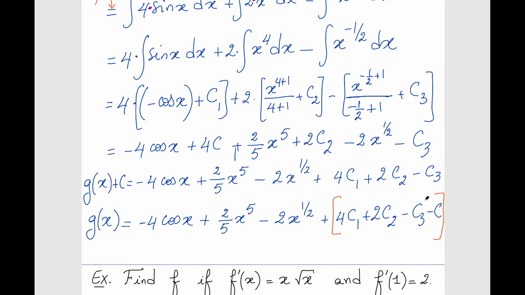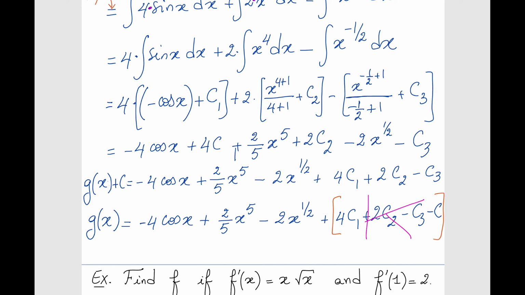So this whole package is a constant, and since each ingredient inside this package is arbitrary, the whole package remains an arbitrary thing. So how about we call it, instead of having this ugly notation C1, C2, etc., how about we call this whole package a constant K? So something like this.